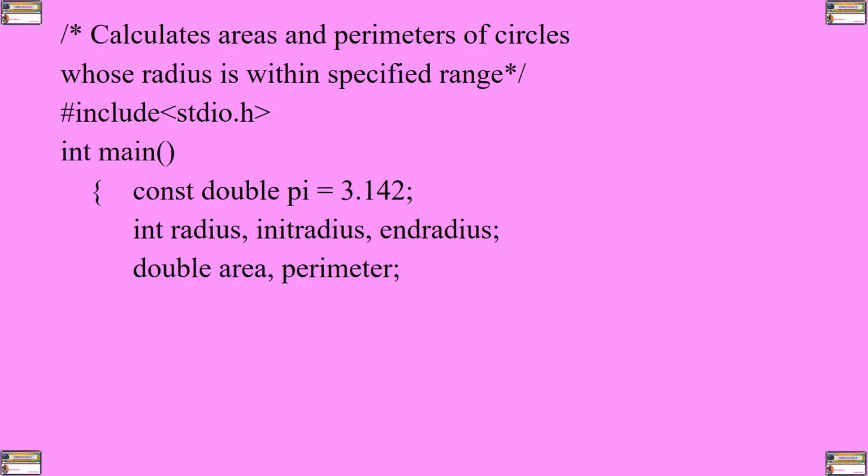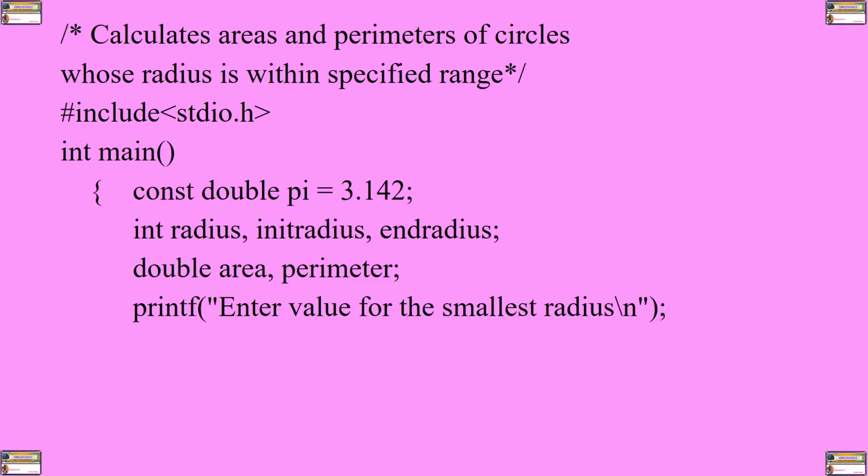We also declare 2 memory locations by the names perimeter and area, and we are telling the compiler that these 2 memory locations called area and perimeter will hold values of type double, or data that has decimal points, but one which is bigger in size, that is type double.